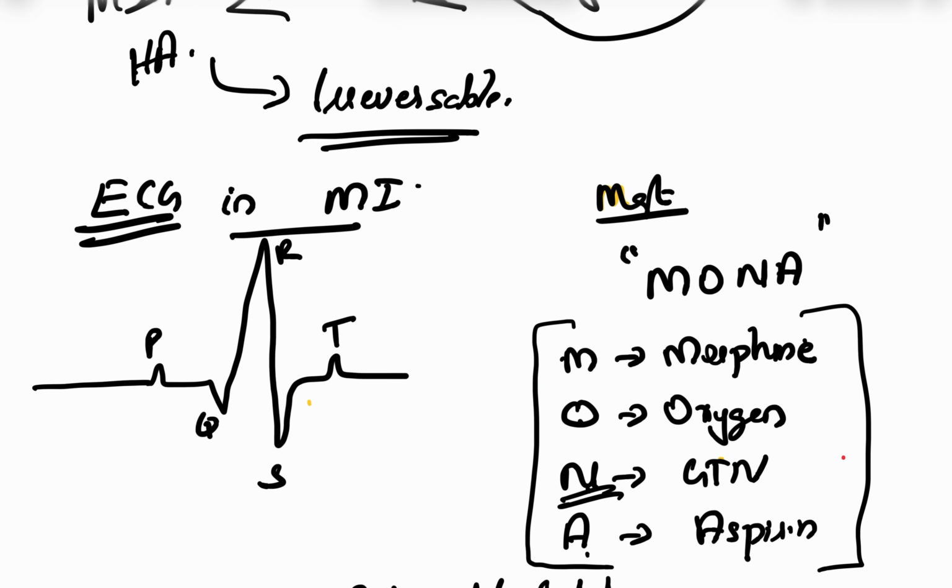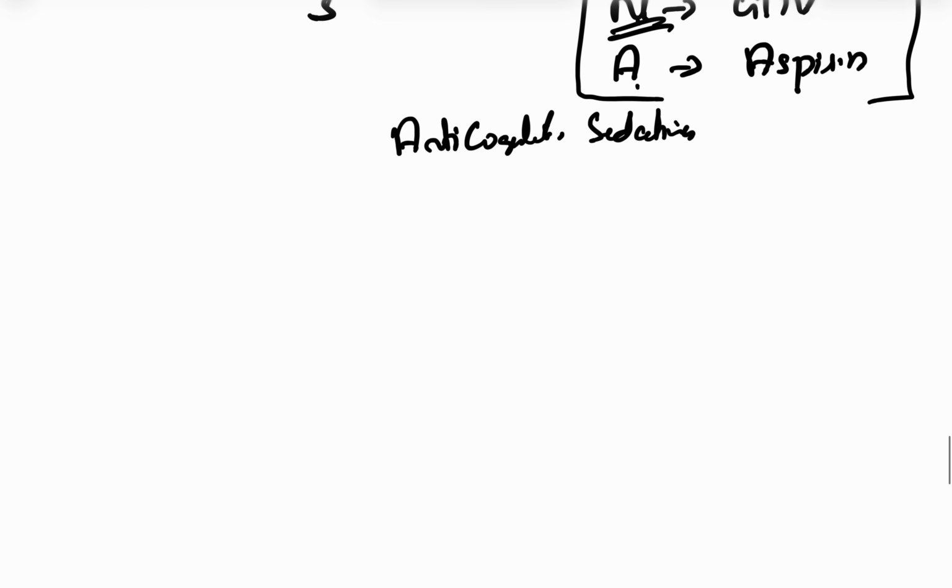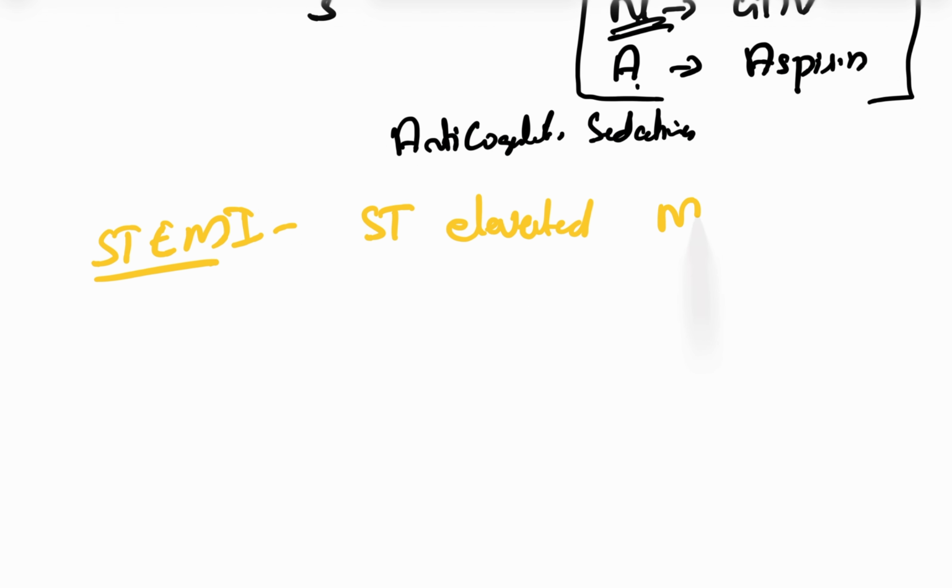Then we studied about the ECG in myocardial infarction. We said we have STEMI and NSTEMI. STEMI is ST segment elevated myocardial infarction, and when we drew the PQRST image, it is a type of myocardial infarction.